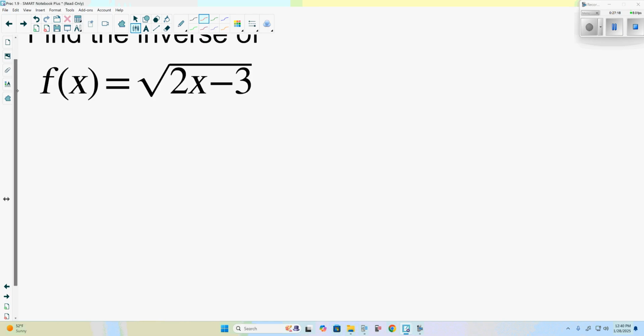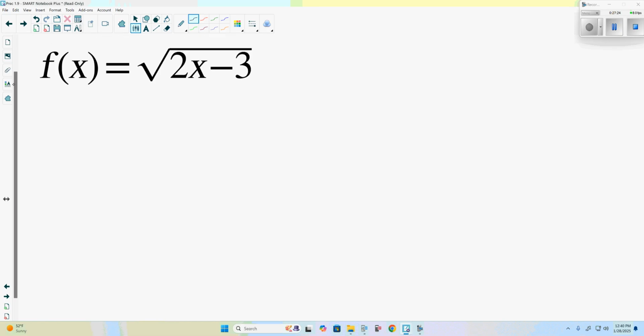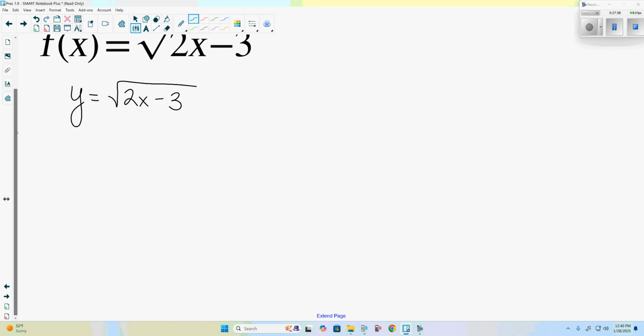f of x equals the square root of 2x minus 3. Now, the first thing we're going to do is replace f of x with y. Then we're going to switch the x and y.